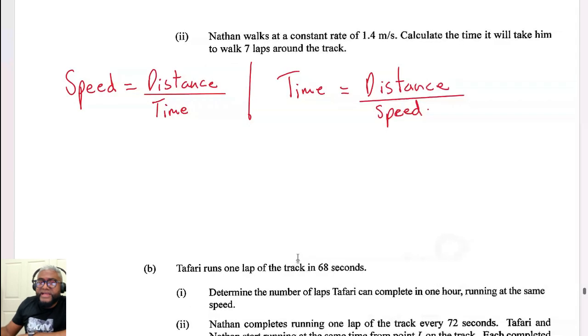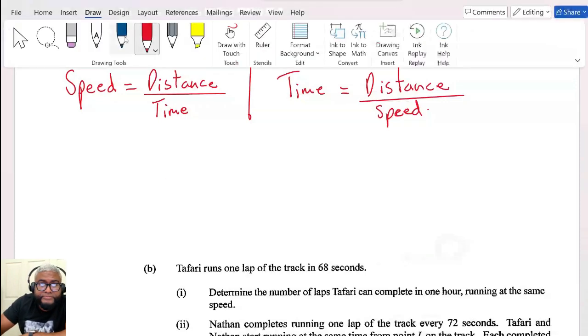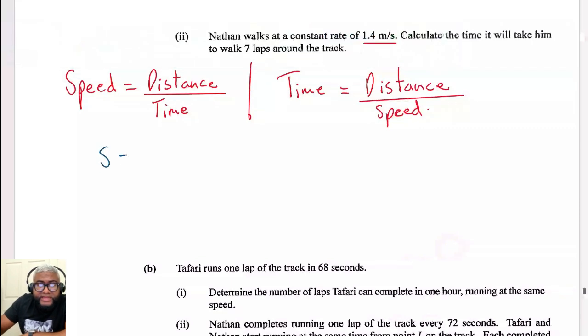You could get the second formula from the first. Now, we know the speed is 1.4 meters per second.